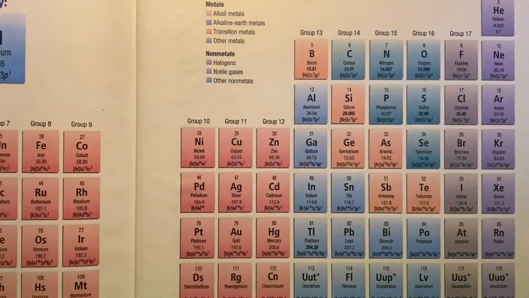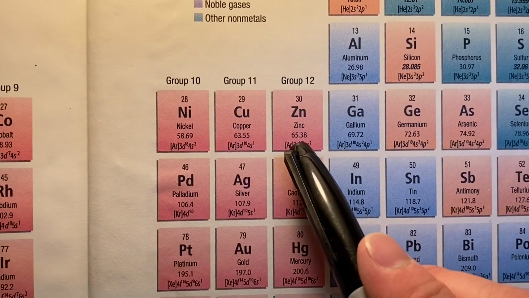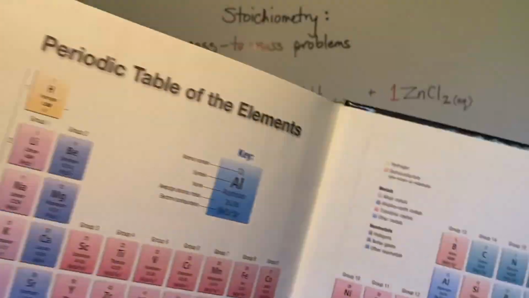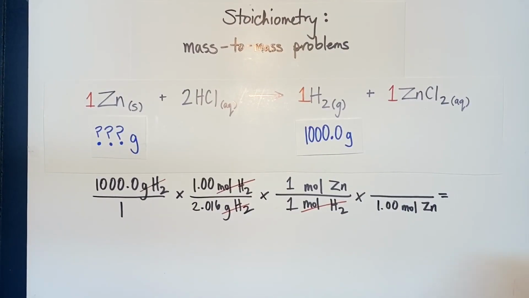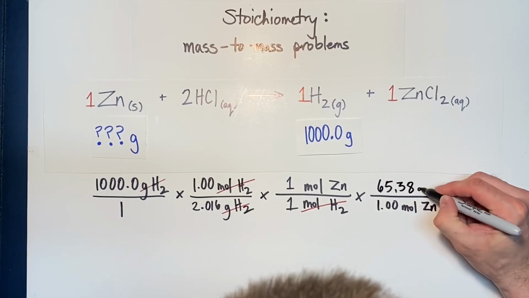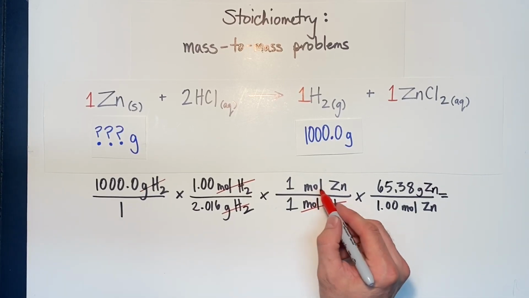To do that, get out the periodic table, and we see right here that the molar mass of zinc is 65.38 grams. 65.38 grams of zinc.